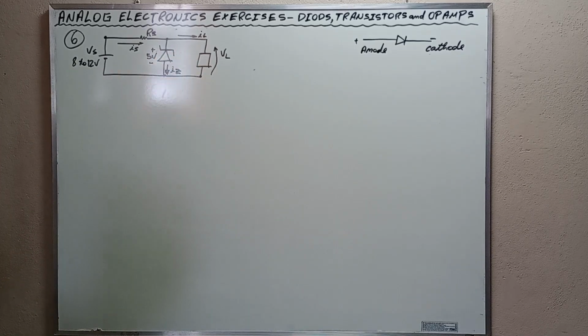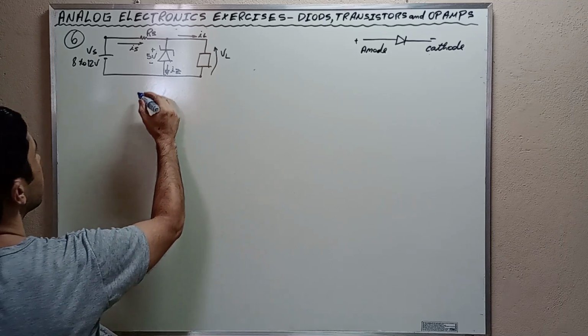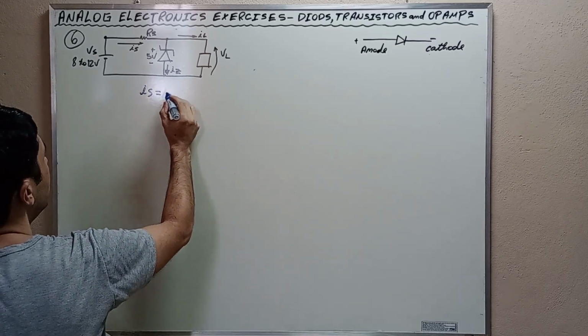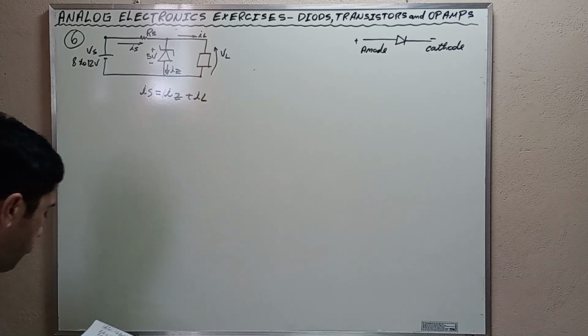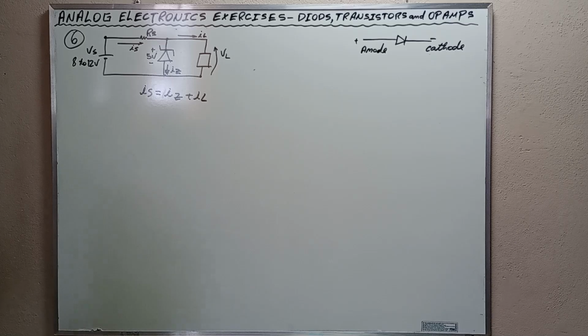We can write that Is is equal to Iz plus IL, okay? How do we calculate Is?